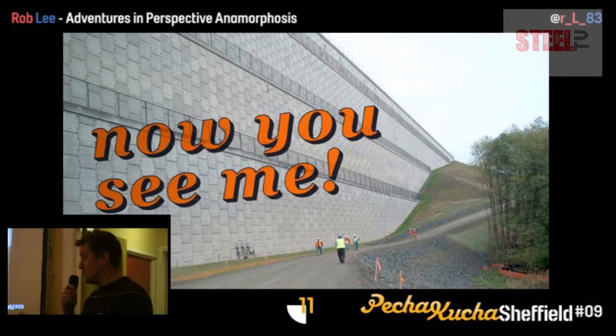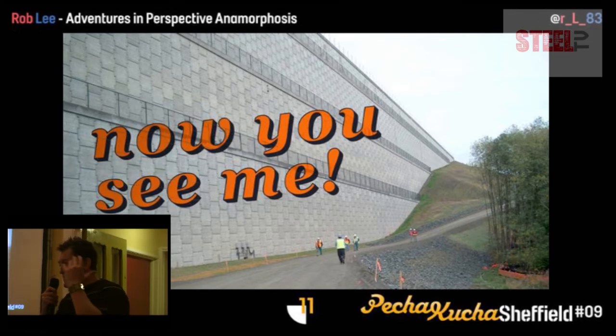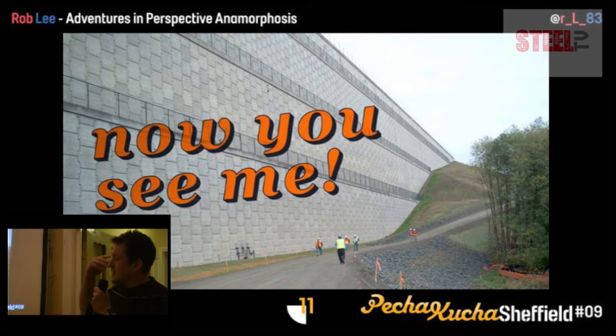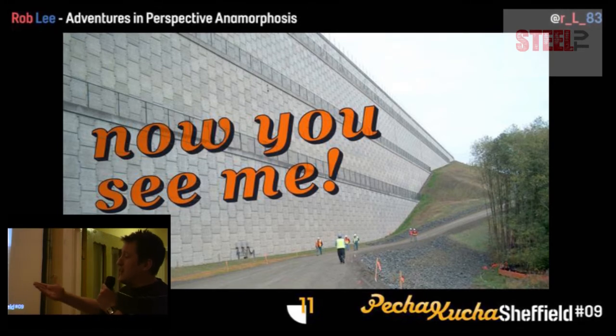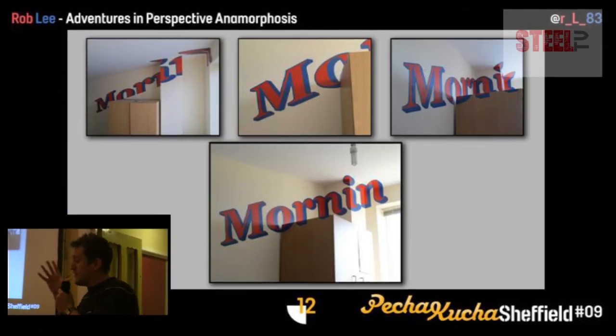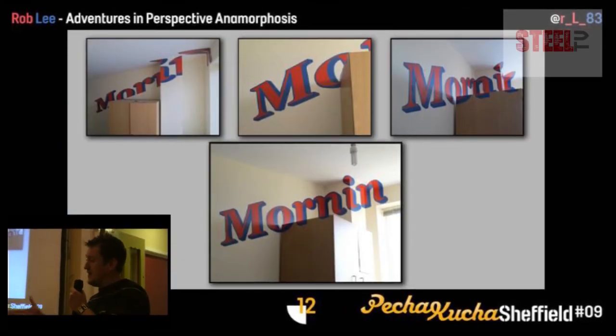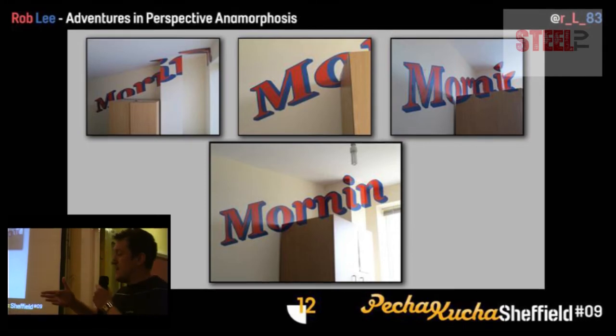And even more so than that, using the human brain's capacity to calculate perspective, you can basically control when the viewer will see an image. You can keep it hidden until a specific point, and therefore have that control.